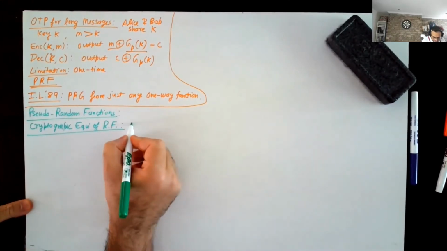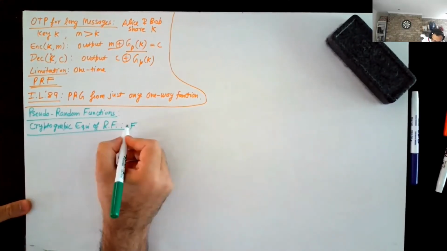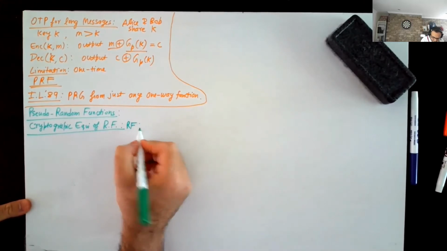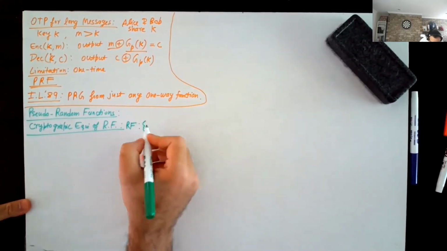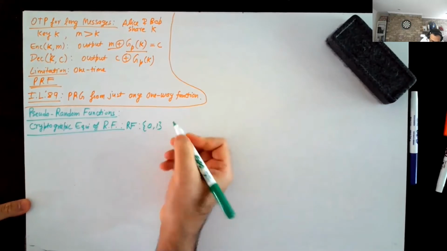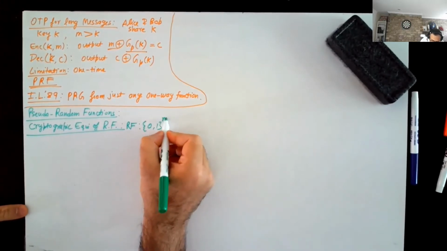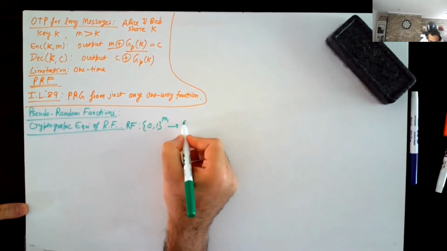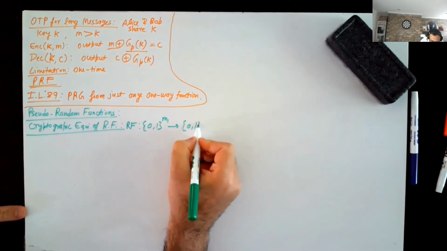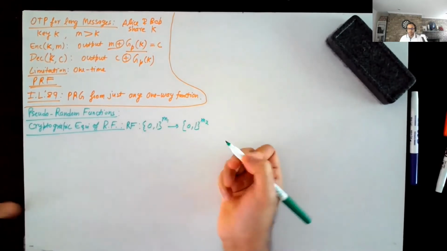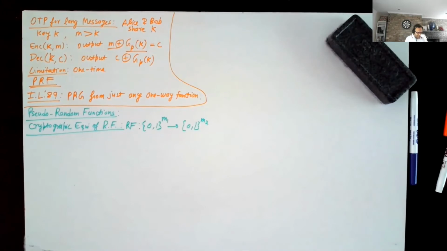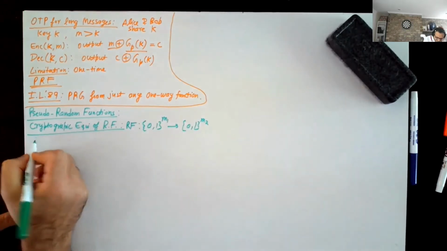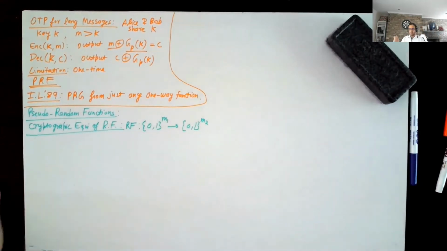A random function, let's call it RF, takes some input, let's say M1, and gives you an output M2. A random function is deterministic in the sense that if you query it with an input multiple times, you will continue getting the same answer.